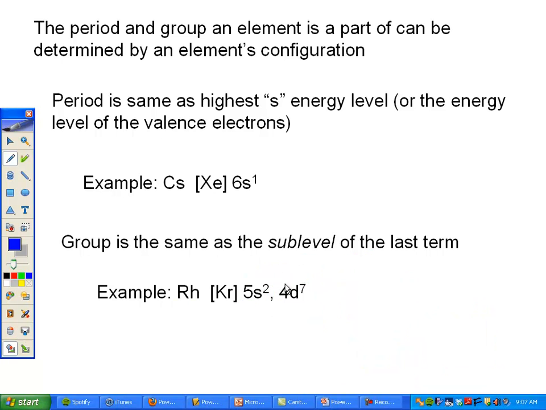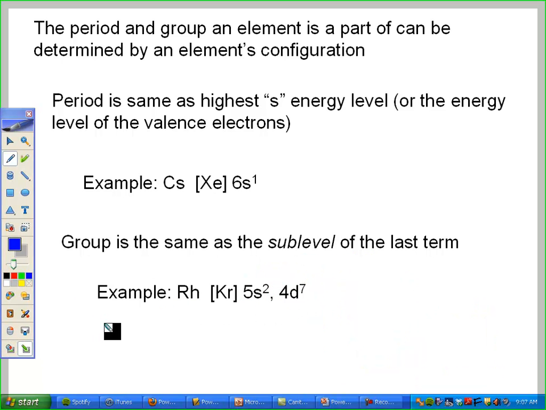So let's do another one real quickly. I want you to tell me what period and family an element with this electron configuration would have. Let's see. Xenon.